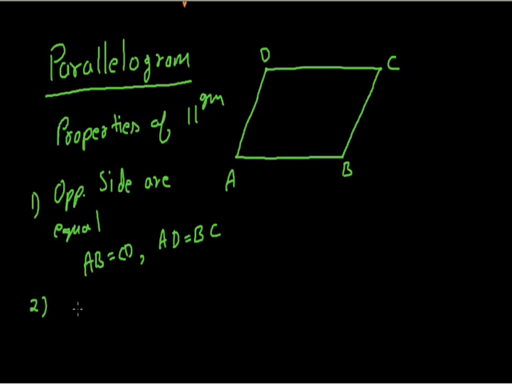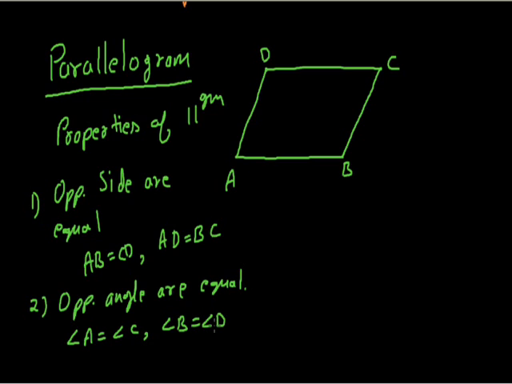The next property, opposite angles are equal. It means angle A is equal to angle C and angle B is equal to angle D. Opposite angles are equal.